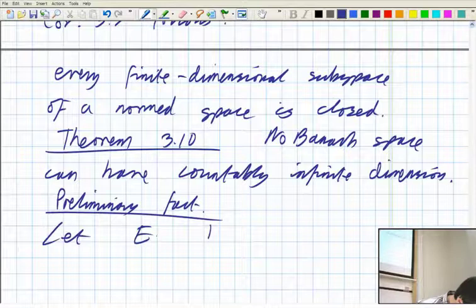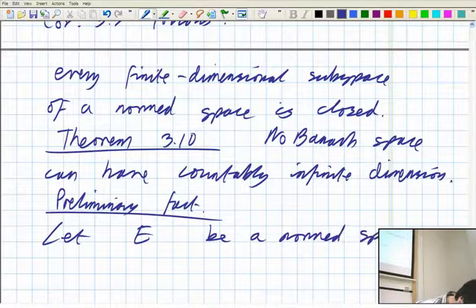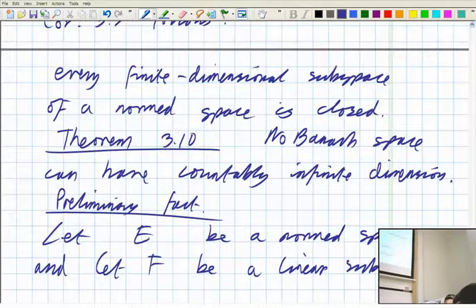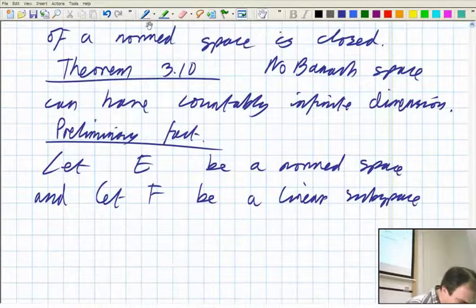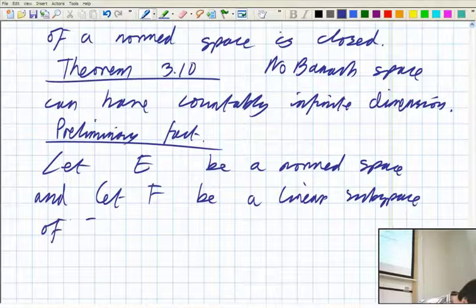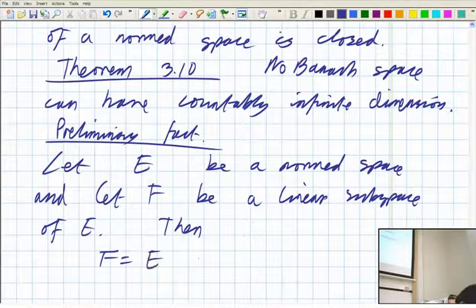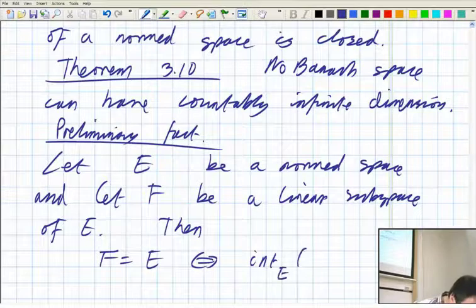Let E be a normed space, and let F be a linear subspace of E. Then F equals E if and only if the interior, I'll write int_E of F, is non-empty.